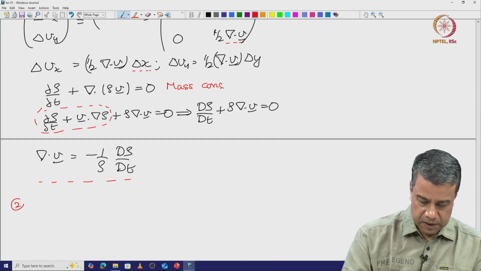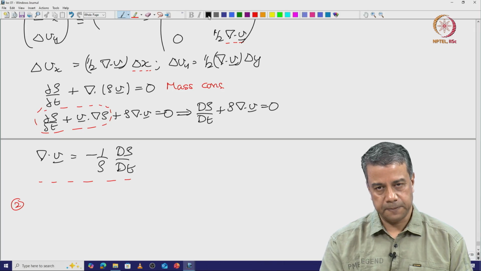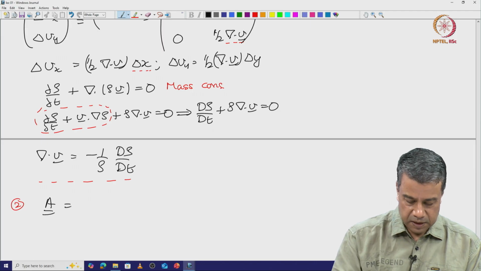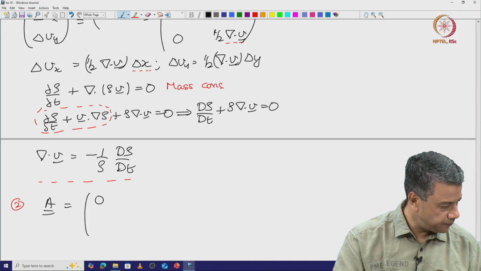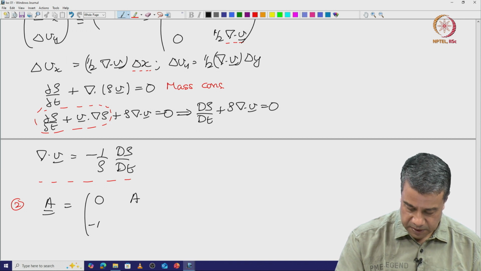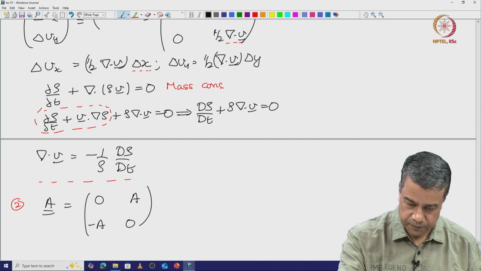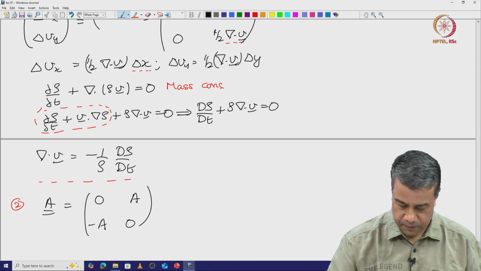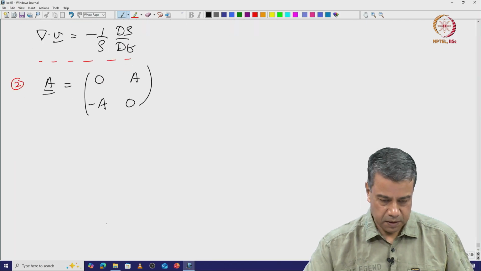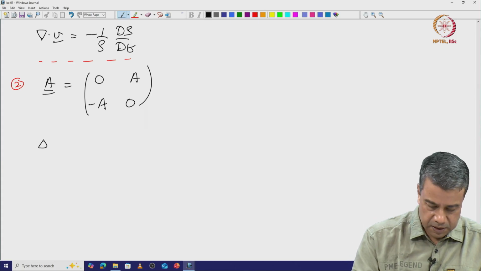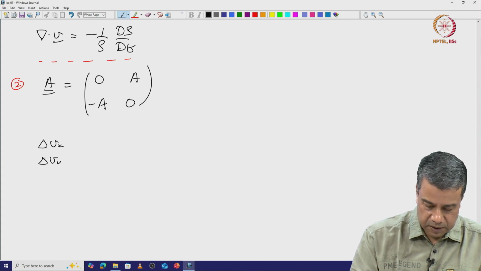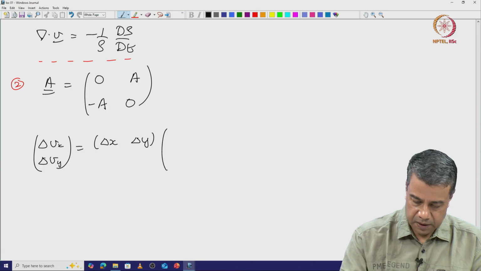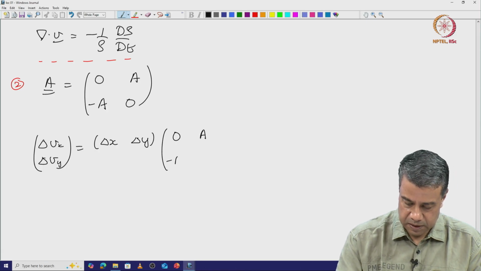Let us look at the second component, that is the antisymmetric part. In this case, I can write the rate of deformation tensor in 2 dimensions as 0, a, minus a, and 0. So, using the same relationship, delta V x, delta V y is equal to delta x, delta y into 0, a, minus a, 0.